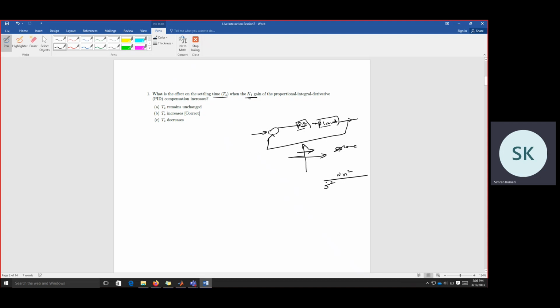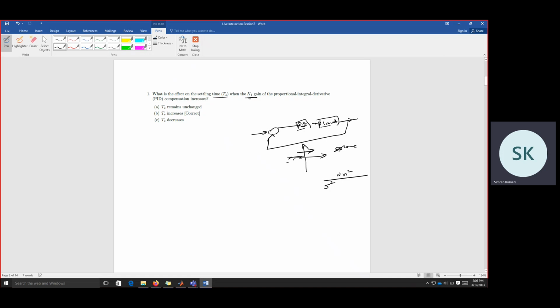Whatever type of system it is, we can try to approximate it using a second order system with a dominant pole, if there is a complex conjugate pole. Otherwise, if it is on the real line and two poles are close, then we say this is kind of an over damped system.